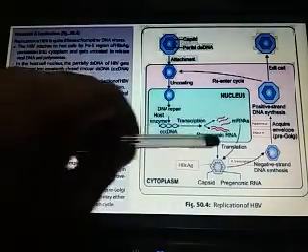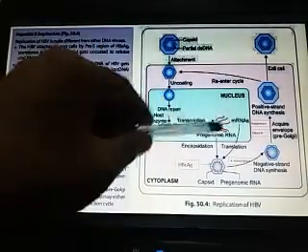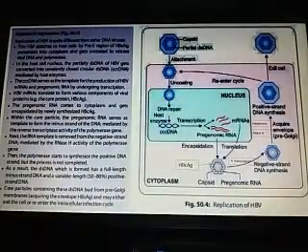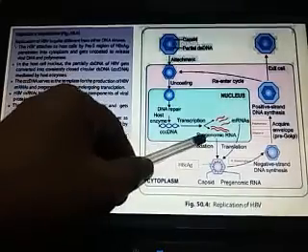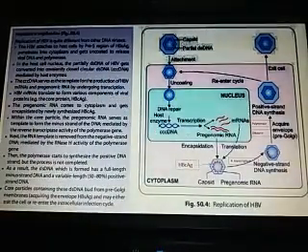Two types of mRNA: the first is the messenger RNAs, several types of messenger RNA that are required because they have to prepare different types of proteins and enzymes. And the second one is the pre-genomic RNA, that is the pgRNA.